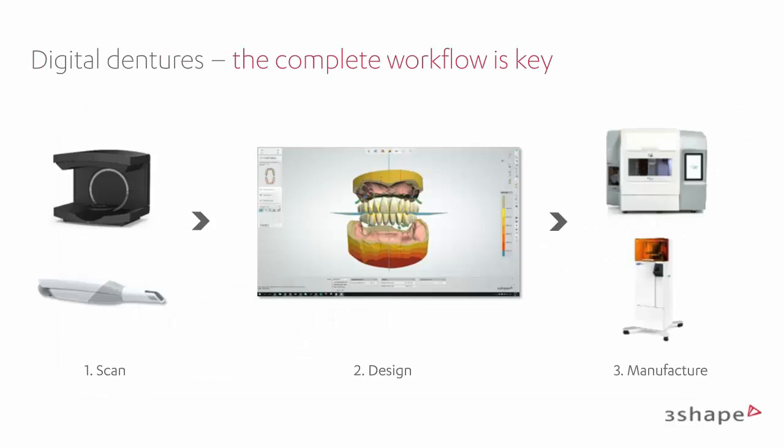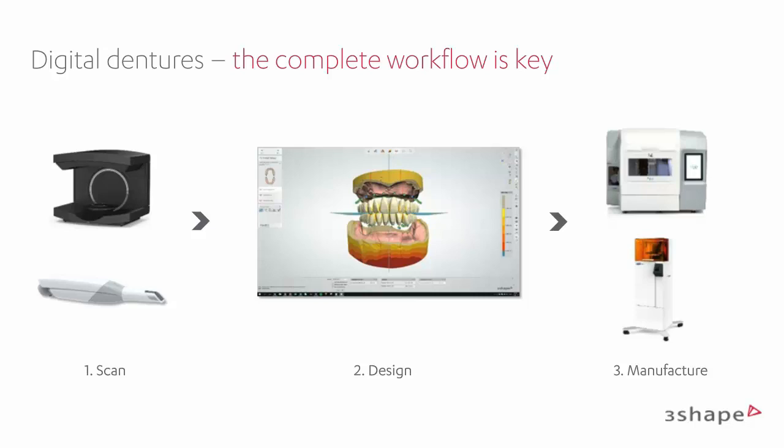All right, so when we look into actually doing digital dentures, the workflow is key. All the way from the scanning into the design software, having that integrated relationship there, and of course also then integrated with milling machines or 3D printers.